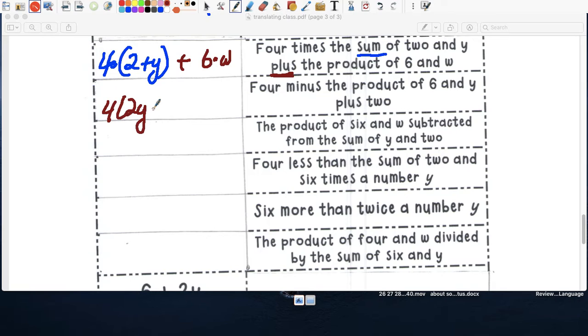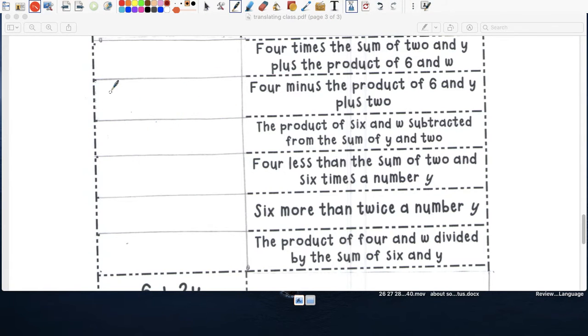Okay. Second one, 4 minus the product of 6 and y, times 4 minus the product of 6 and y, and then plus 2.